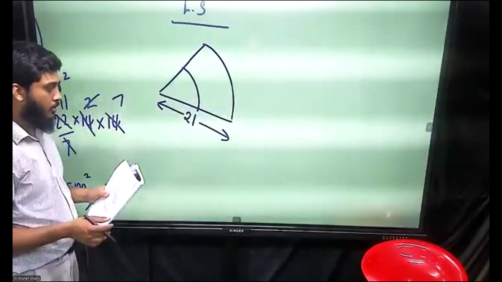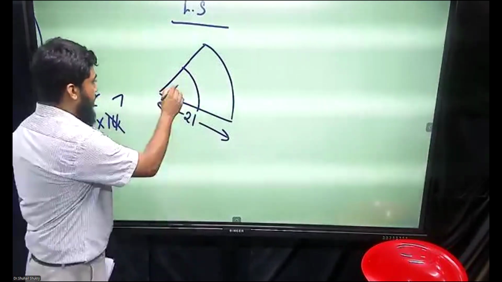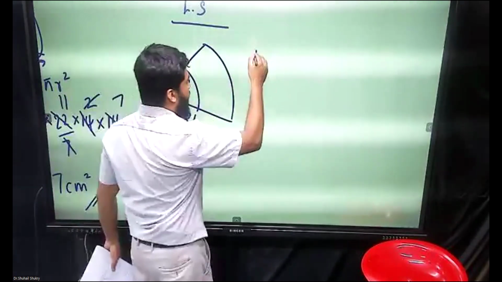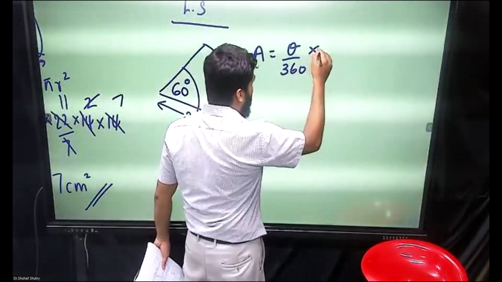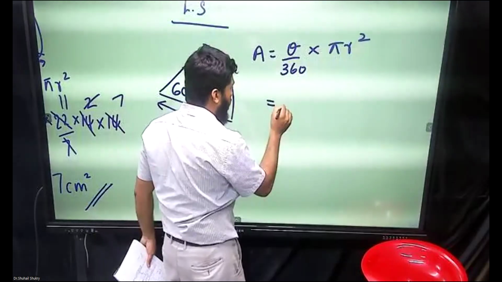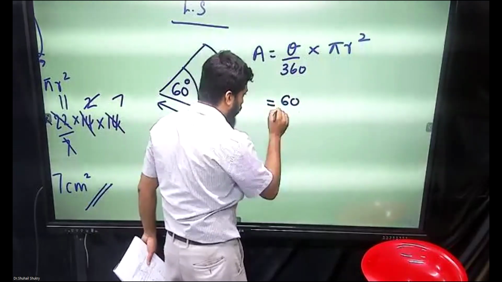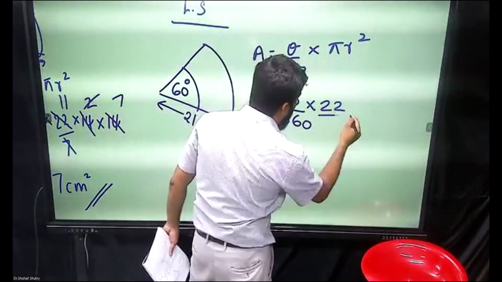Now, this is 21. This is 60 degrees. Now you have to write area equals theta over 360 into pi r squared. Theta is how much? 60 over 360. For pi, what can you write? 22 over 7.